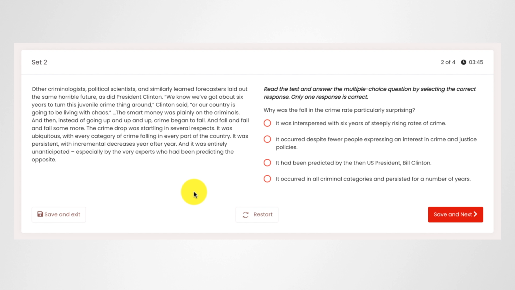The focus is also called keywords by some tutors. Whatever you want to call it, it's up to you. I find it easier to call it focus because it helps me to focus on the passage. My focus here is to find out why the drop in the crime rate was surprising. So how do I do that?